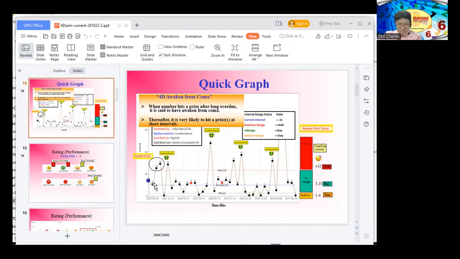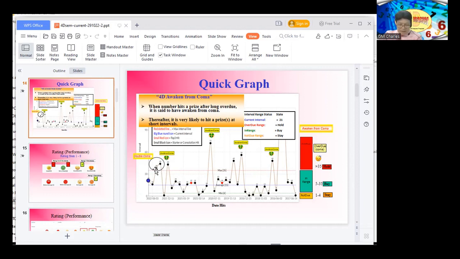So in this case, the latest awaken is here. It's a double coma. You can see here, overdue hit one time, and then overdue again hit another time. So this is called a double coma. Remember I told you, so long as it hit above the maximum line, it is considered coma and overdue.